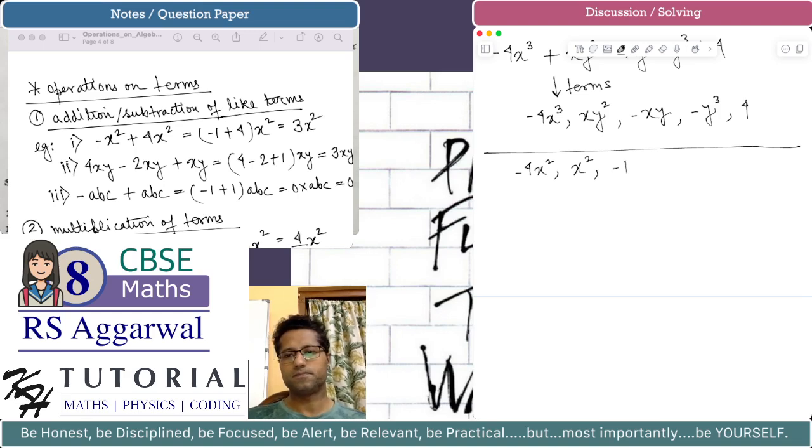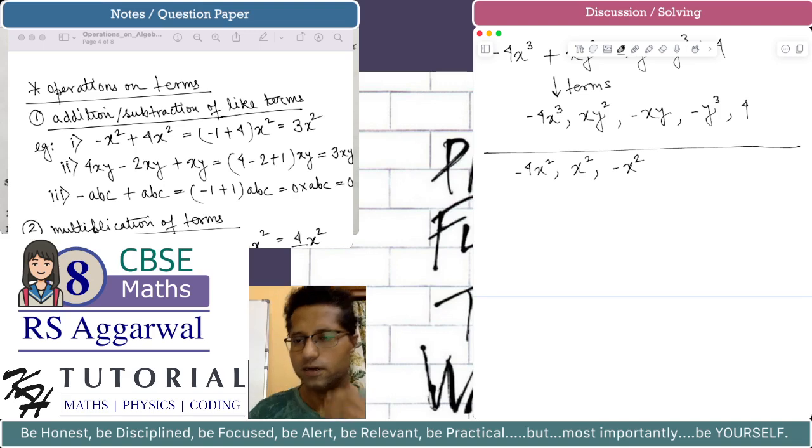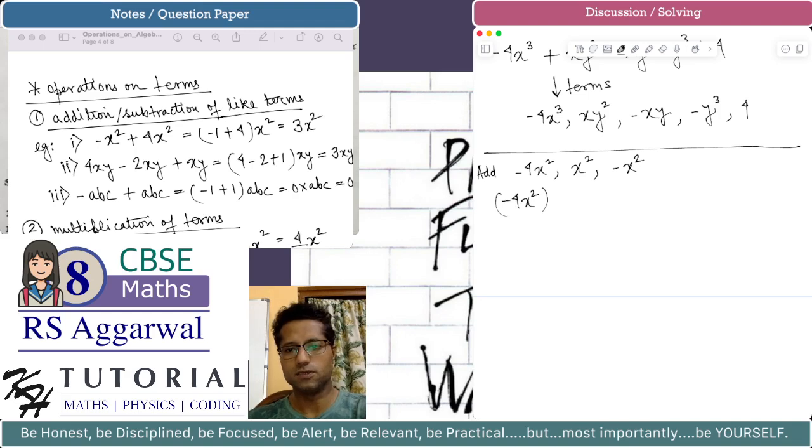These are like terms because all these terms have the literal factor x square. So let's say we are asked to add these terms. So how do we add? First term is this, and then we add this, and then we add this.